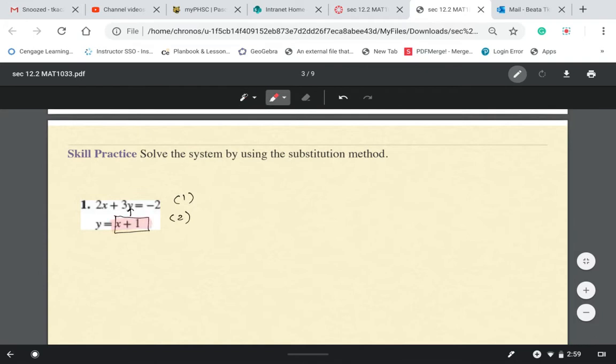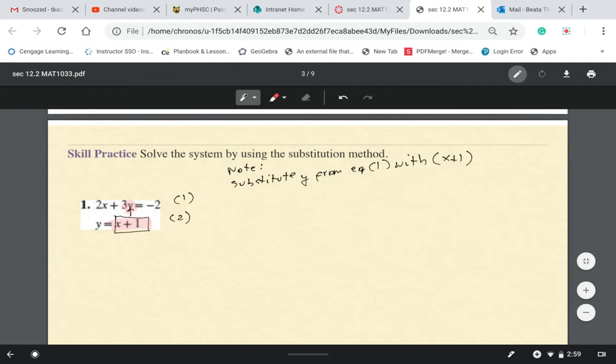Let me just write this down. Substitute y from equation 1 with x + 1.